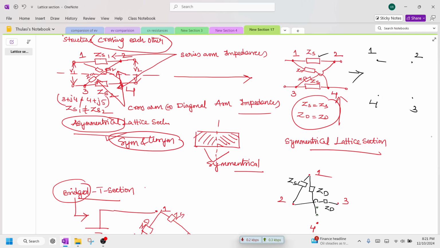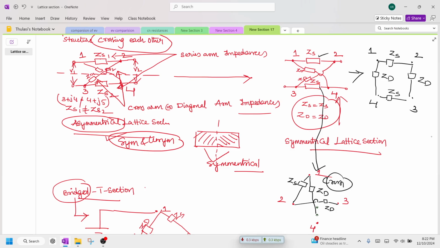Between 1 and 2 is ZS, this is also ZS. Between 1 and 4 we have ZD. Between 2 and 3 also we have ZD.